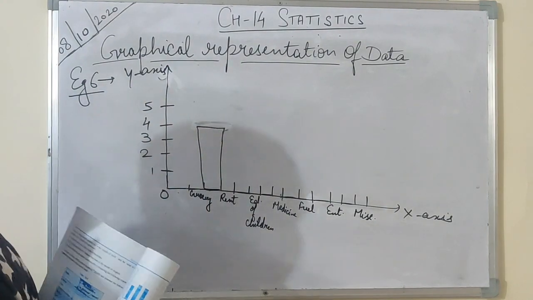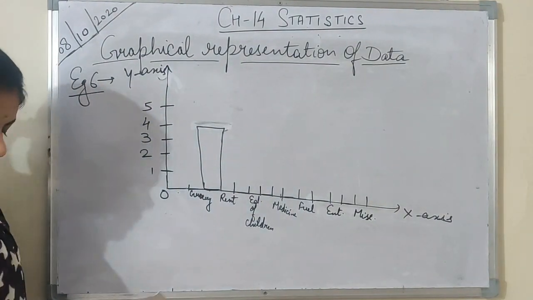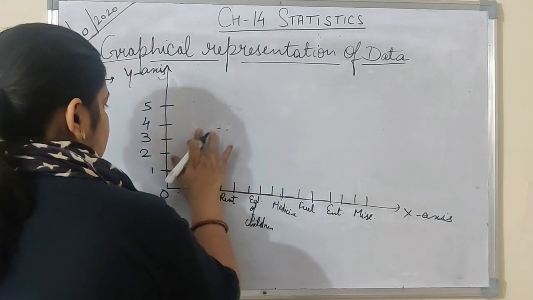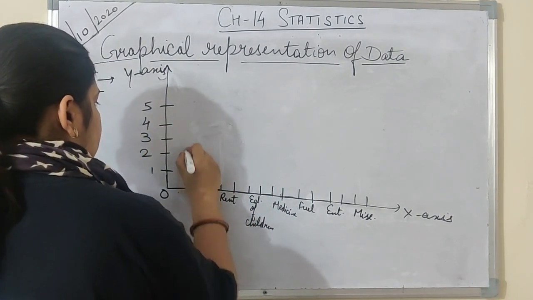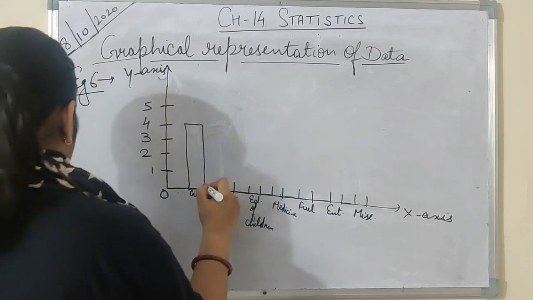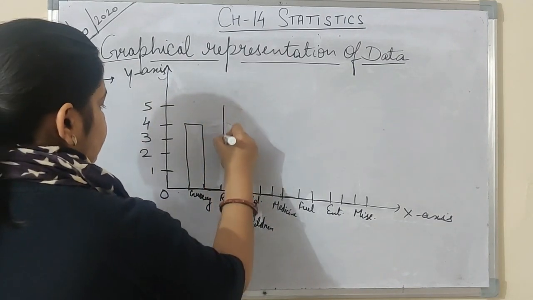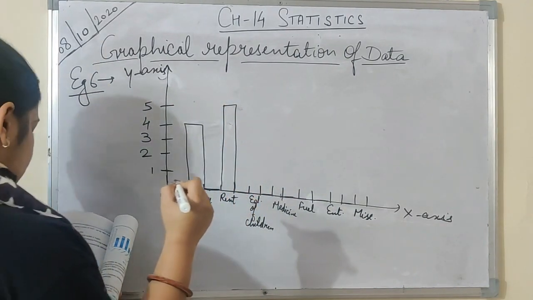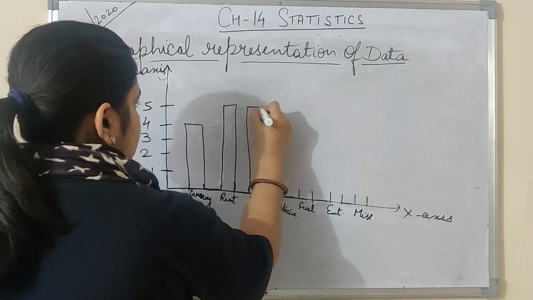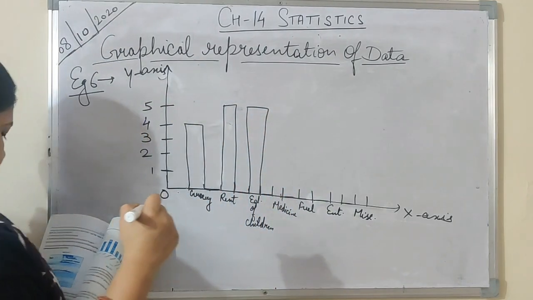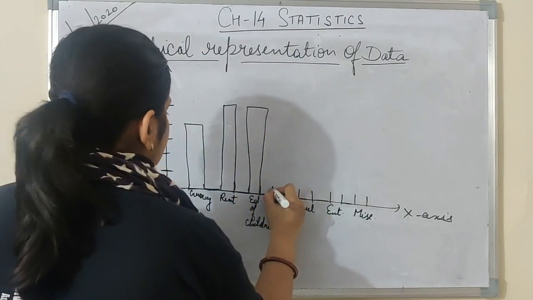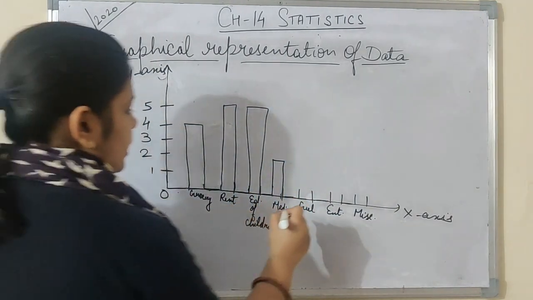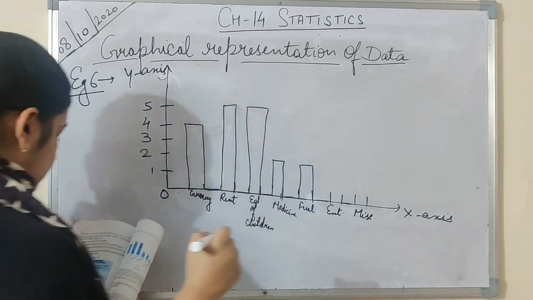I think you have already made this in 8th class also, so it's easy for you. Then for rent, sorry, grocery, I had drawn it wrong, like this. Then for rent, it is 5. Then for education of children, it is again 5. Then for medicine, it is 2. Then for fuel, again it is 2,000 rupees.